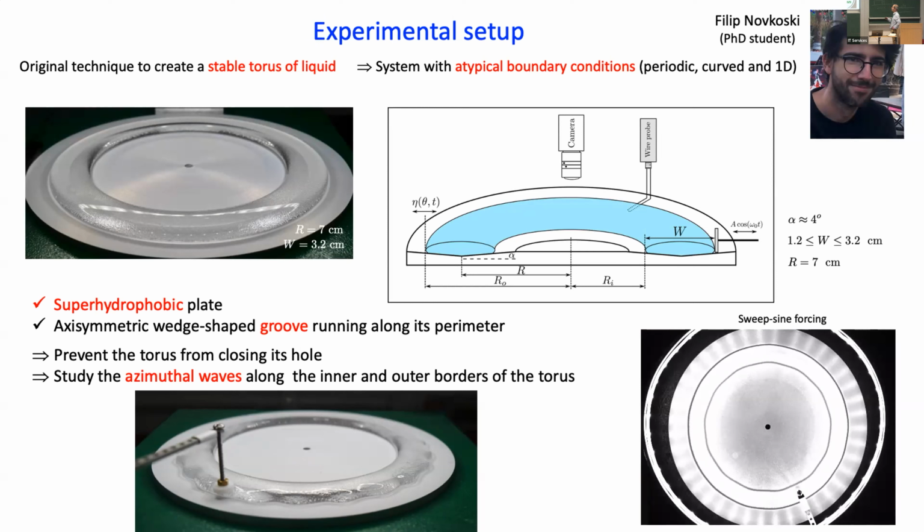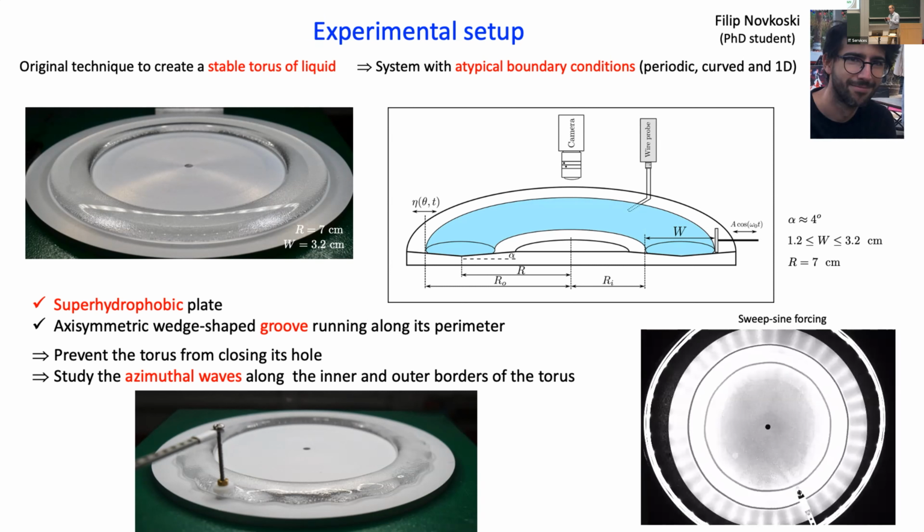You can also measure the azimuthal wave amplitude with a single probe at some location. With this setup, you can study azimuthal waves along the inner and outer border of the torus, as you can see here.